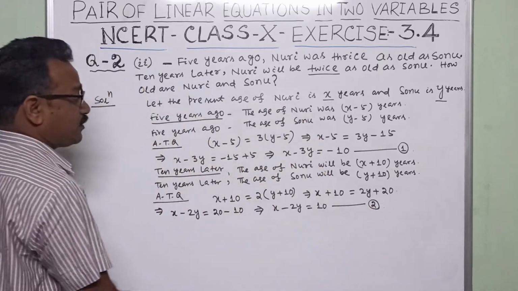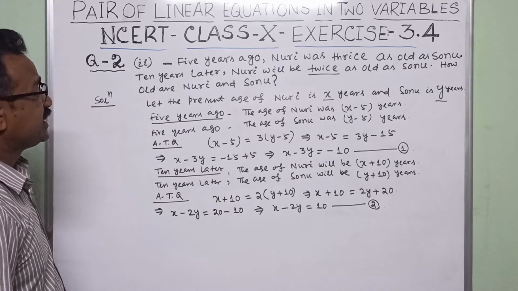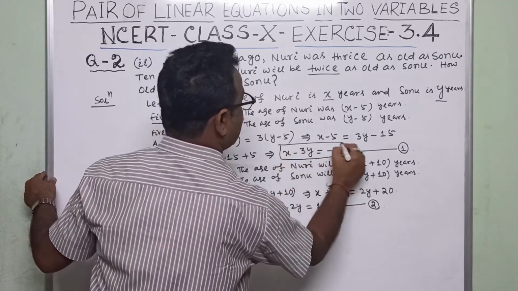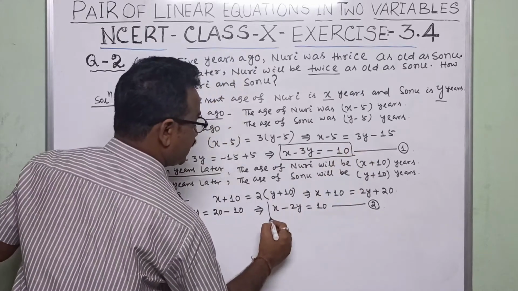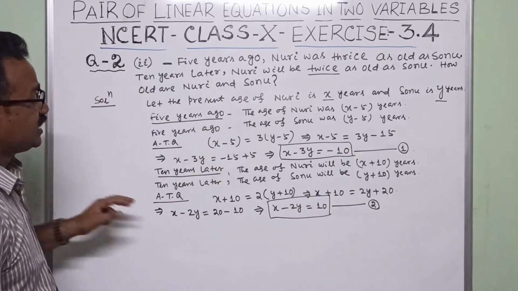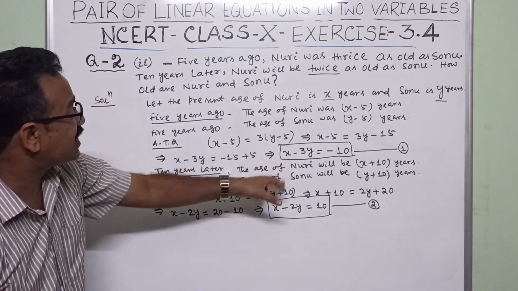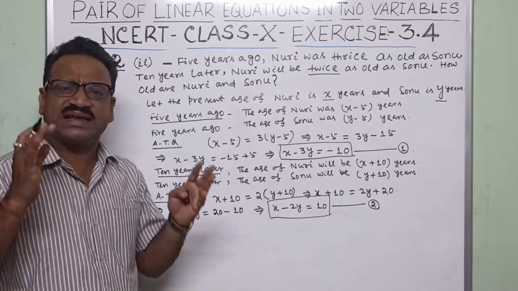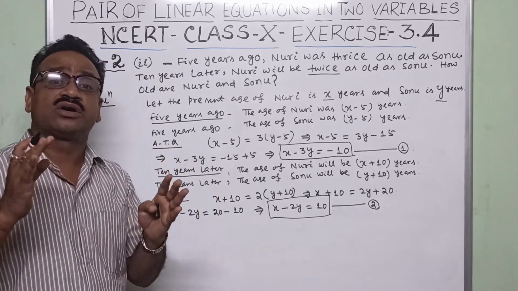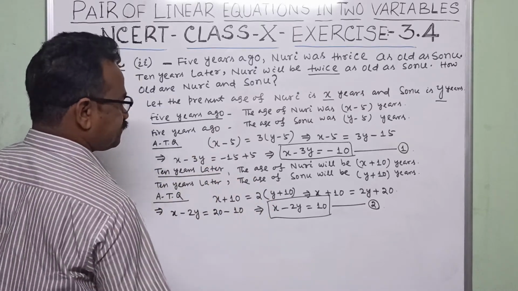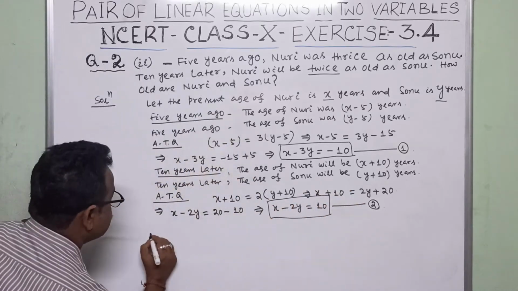So now we have obtained the two equations. One is x minus 3y is equal to minus 10, and the other is x minus 2y is equal to 10. Here x is there, so we can eliminate x without multiplying any non-zero constant.